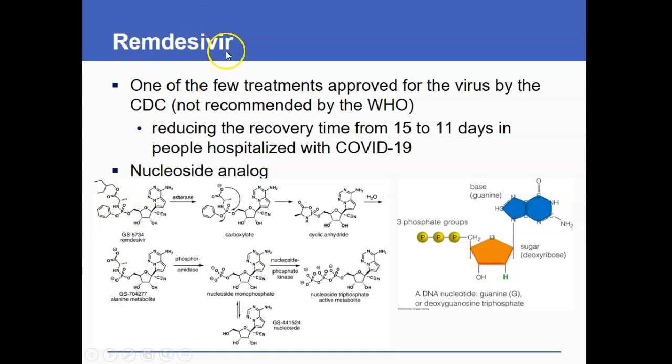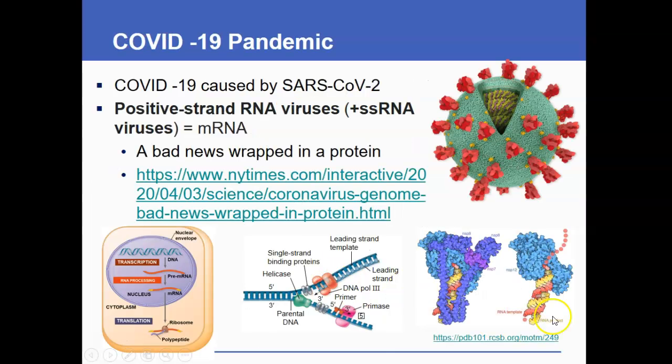The drug remdesivir, which has been approved, looks like this when it's injected, and then gets modified within the body by basic enzymes that cut it and phosphorylate it, ending up producing this nucleotide triphosphate active metabolite, which can be utilized by that RNA polymerase, but it cannot be added to, just like we have the issue with that 3' end.